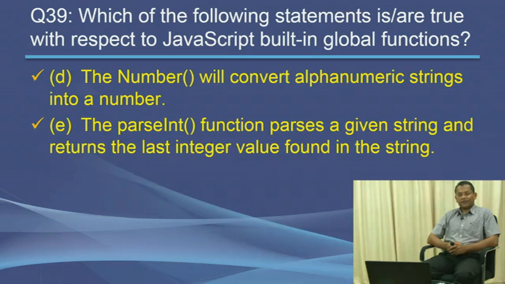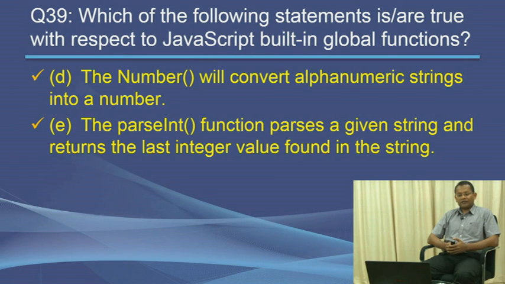For example, if you have 10.33, it will convert into an integer value, because you can't have decimal points in integer values. So out of 10.33, the first integer value, that is 10, will be converted into a numerical value. But if you have parseFloat, for example, 10.33 will be converted into the numerical value 10.33.